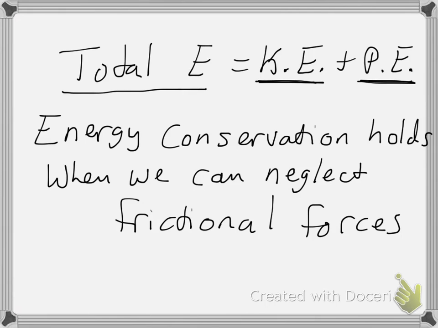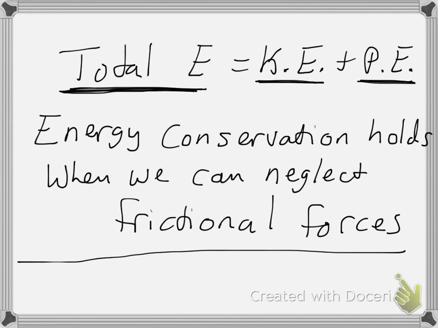So things like normal friction, books sliding across a table, or air resistance, anything like that, we tend to call those dissipative forces. They dissipate energy out of a system. And when we can neglect those, when we can ignore those, then this idea of energy conservation holds. And so energy conservation says that the total energy in a system is going to stay constant.